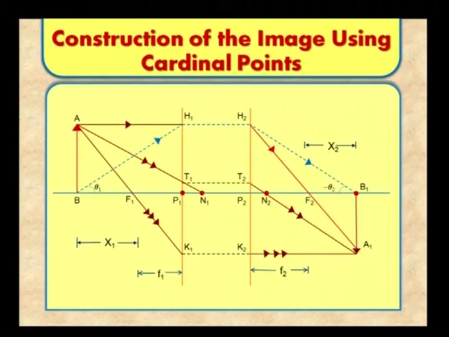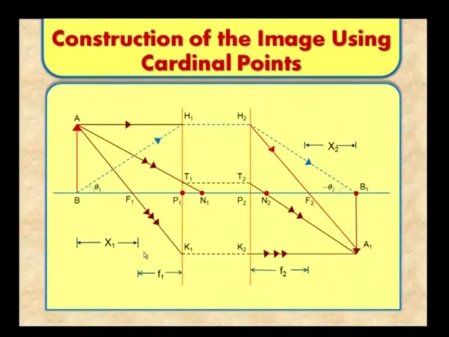So, A1B1 is the image that you obtain for the object AB, and this distance BF1 is equal to x1. F1 is the first principal focus, and similarly we have F1P1 and F2P2, right?